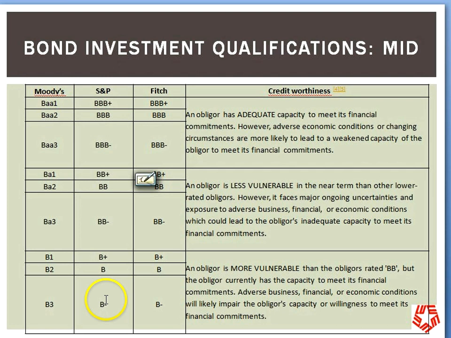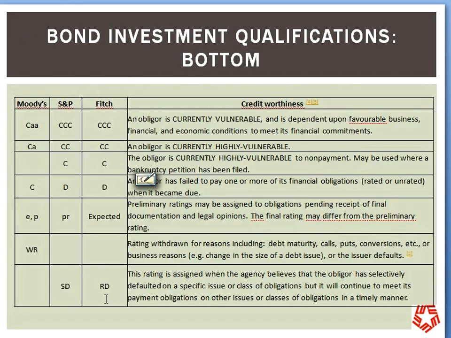Again, these same companies qualify the capacity of the companies to pay their financial commitments as triple B or double B plus, and so on and so forth. And at the bottom, these same companies might classify the companies that have problems or are highly vulnerable in a financial situation as C, triple C, or D, and so on.